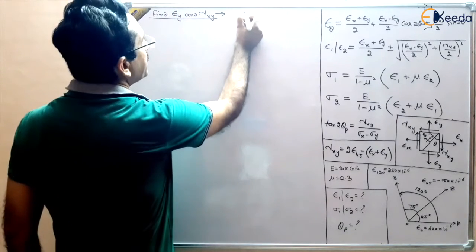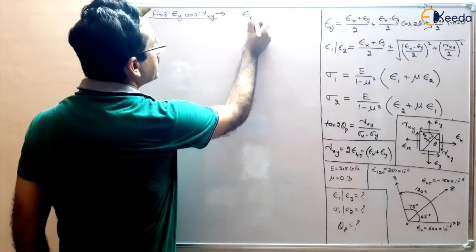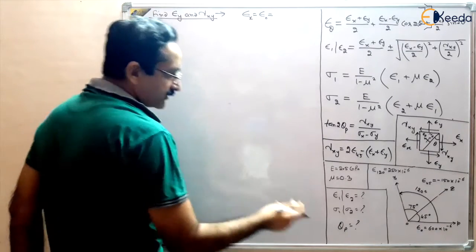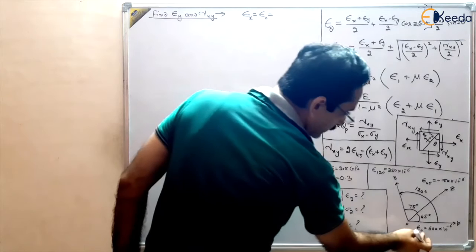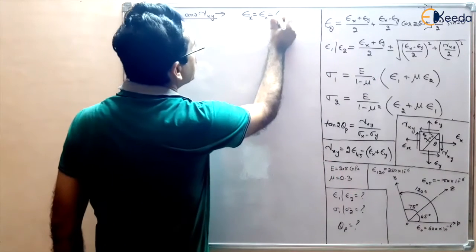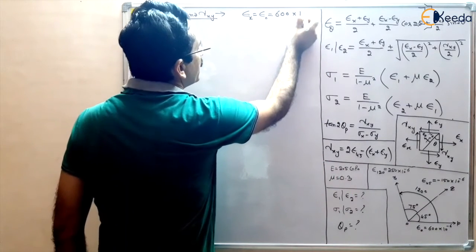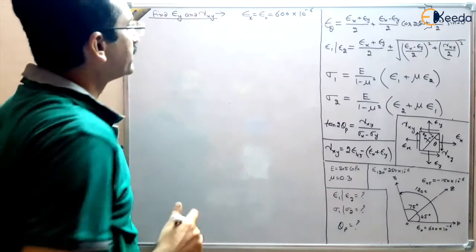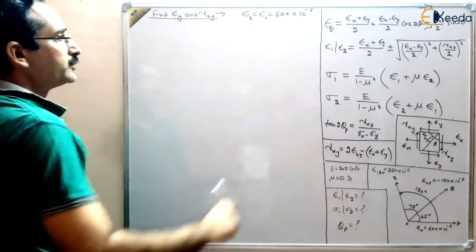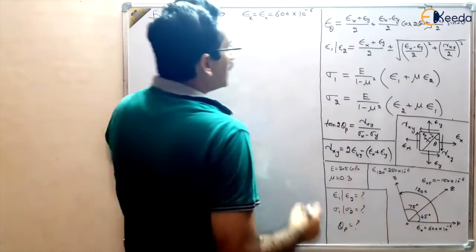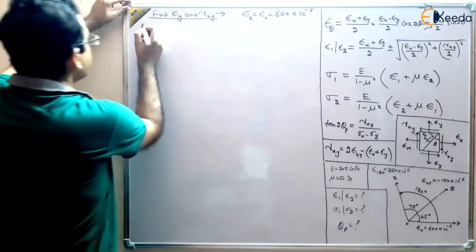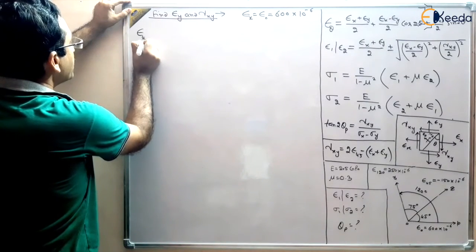Here epsilon x is already given, which is epsilon 0 degree, equal to 600 × 10^-6. So let us find epsilon y and gamma xy. Use this equation with epsilon theta as epsilon 45.